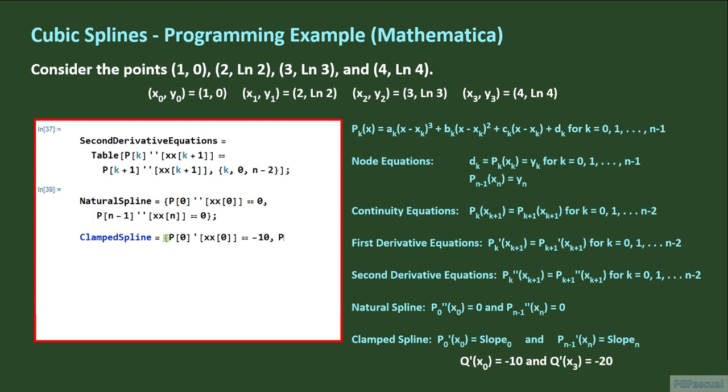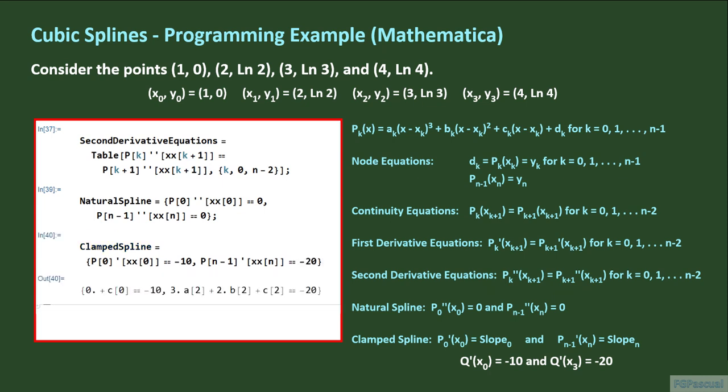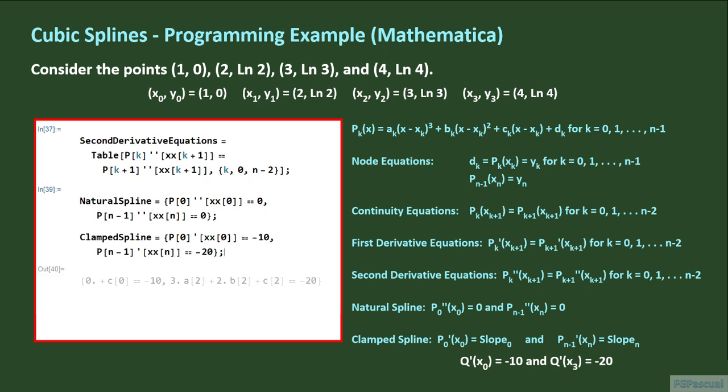And so with p sub n minus 1 being the last polynomial segment, we write down p sub n minus 1 prime of x sub n double equals minus 20. We test this line by evaluating, then put in a semicolon to suppress the output.